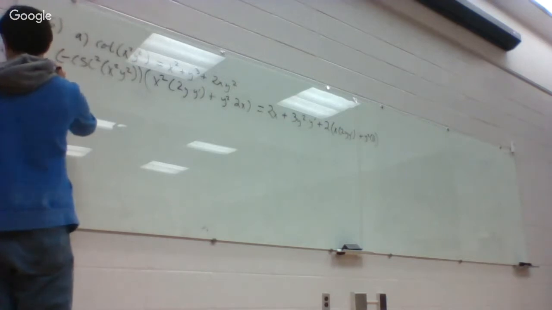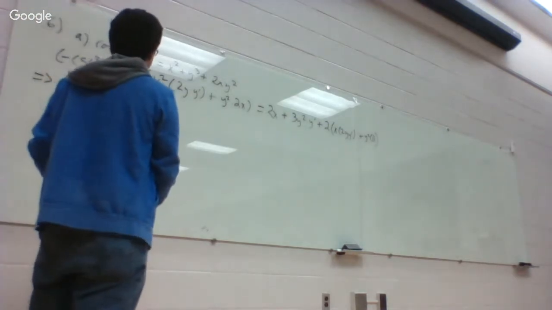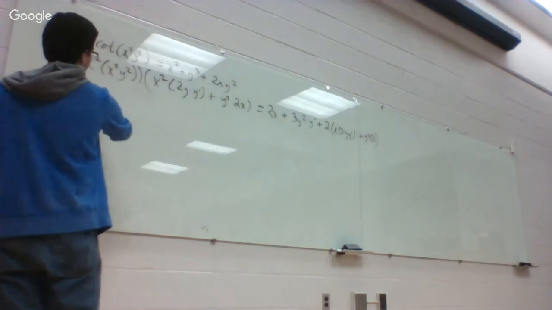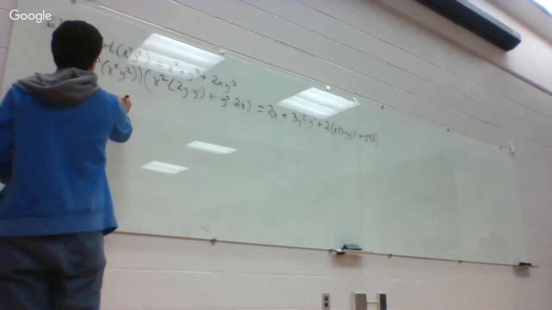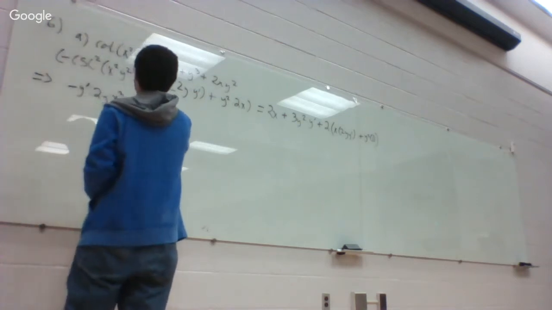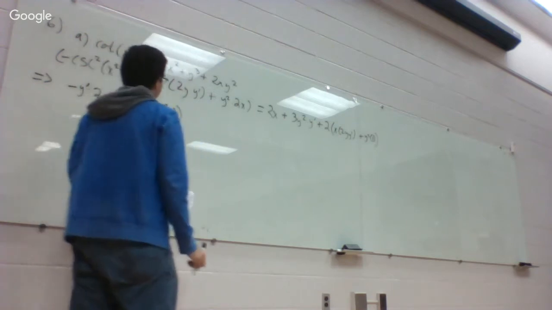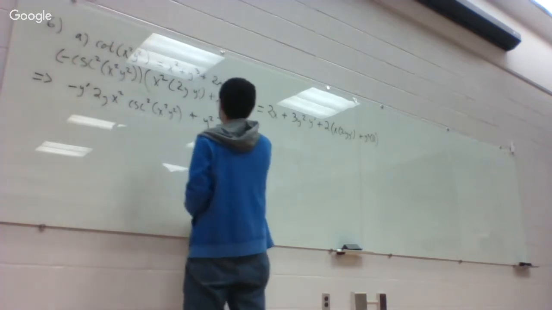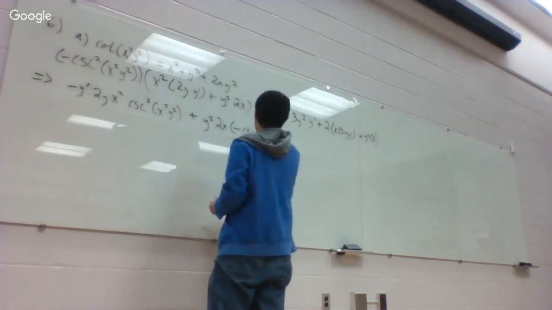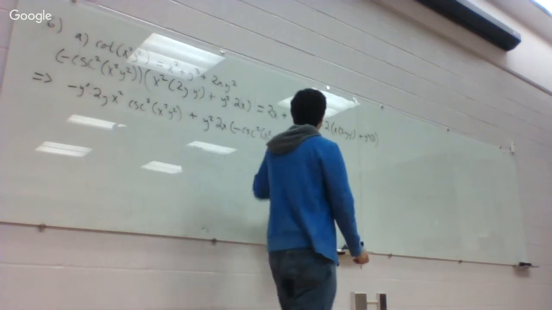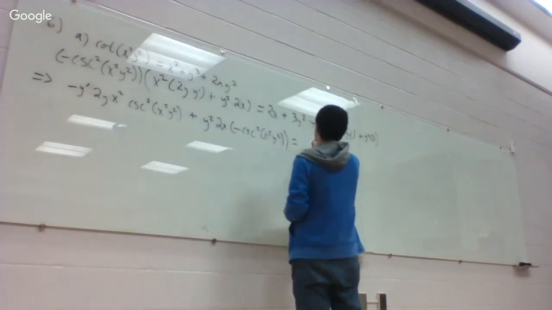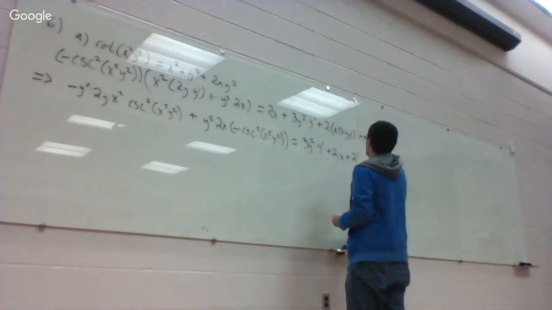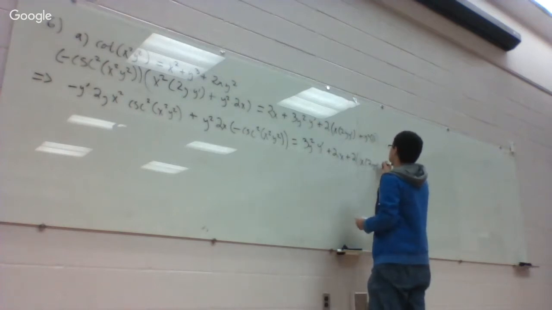So let's all multiply: negative y prime times 2y times x squared times cosecant squared of x squared y squared, plus y squared 2x times negative cosecant squared x squared y squared, and then that's equal to everything else on this side: 3y squared times y prime plus 2x plus 2 times the quantity of that entire derivative.